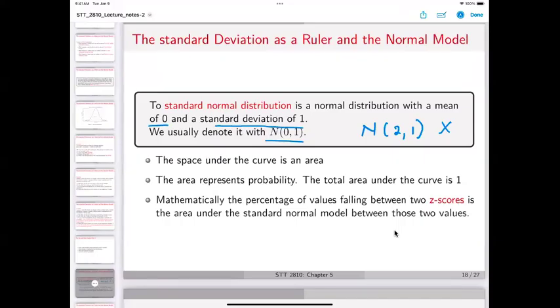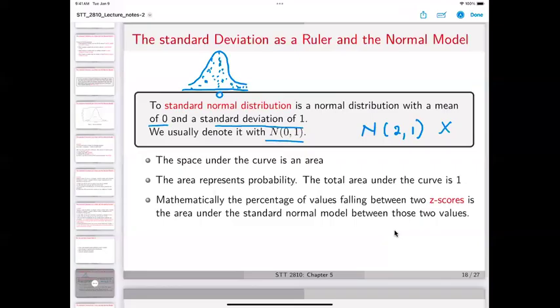So for example, let's look at this curve here. The mean is the center, so here it is 0. The space under the curve, this space here, is what we call the area.